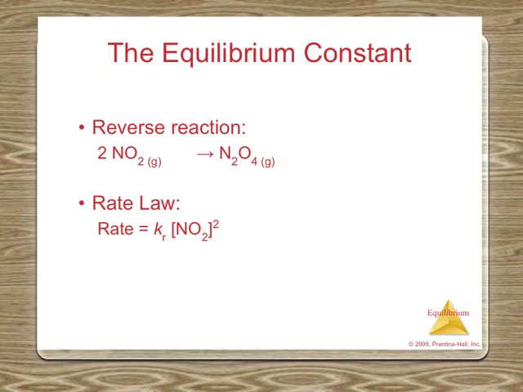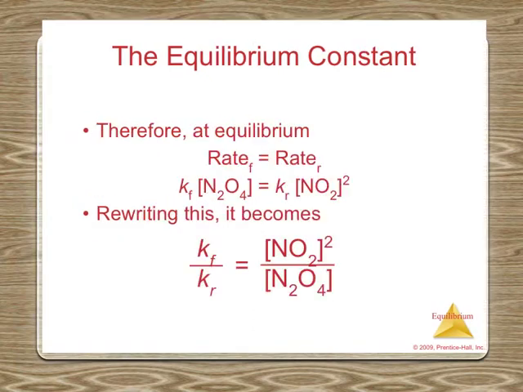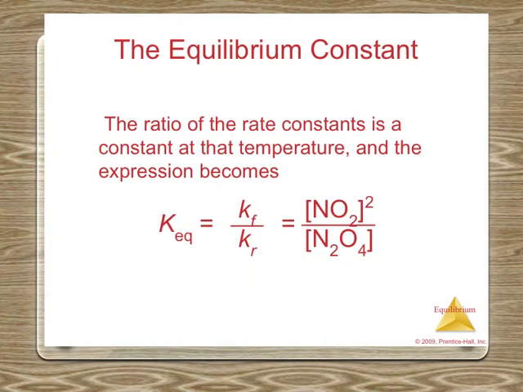Just as for the reverse reaction, since we have a bimolecular process for that reaction, we could write the rate law as rate is equal to the K for the reverse reaction times the concentration of the nitrogen dioxide squared. Since at equilibrium the rate of the forward reaction is equal to the rate of the reverse reaction, we can write this expression like this.